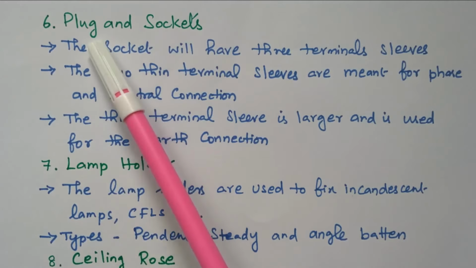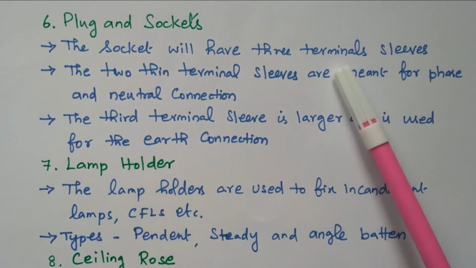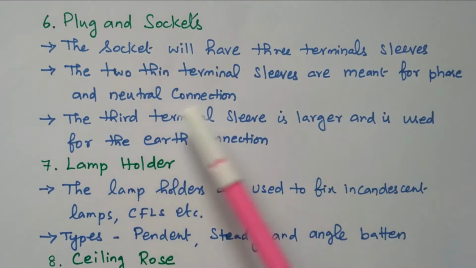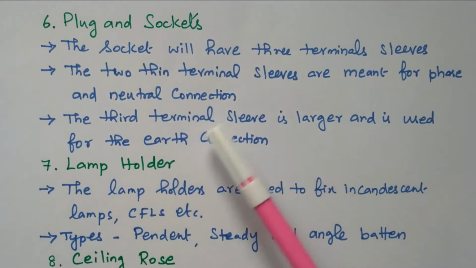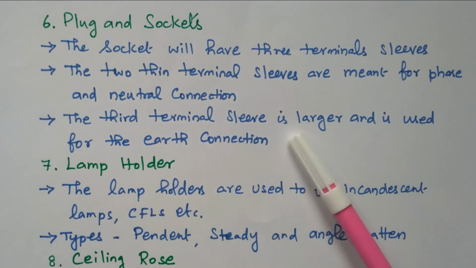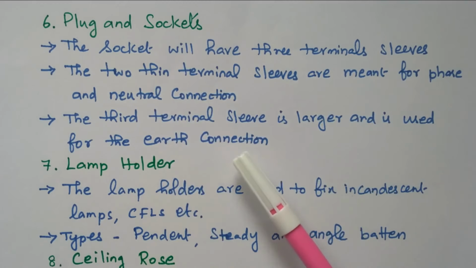The sixth one is the plug and socket. The socket will have 3 terminals. The 2 thin terminals are used for phase and neutral connection. The third terminal is used for the earthing connection. This is called a 3-pin plug.